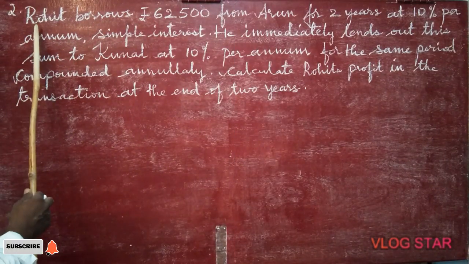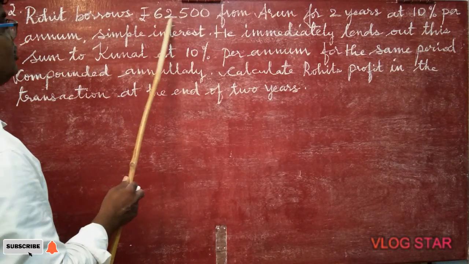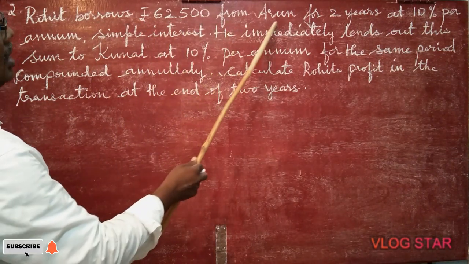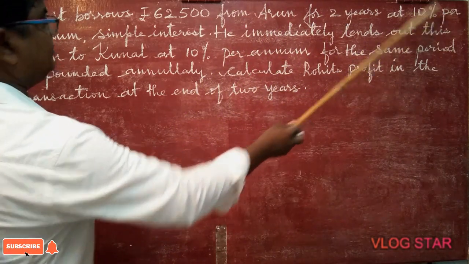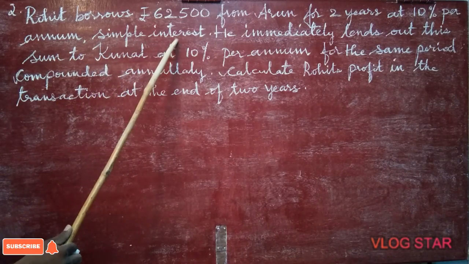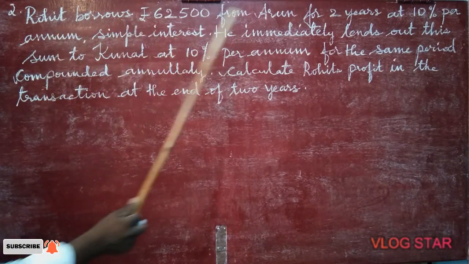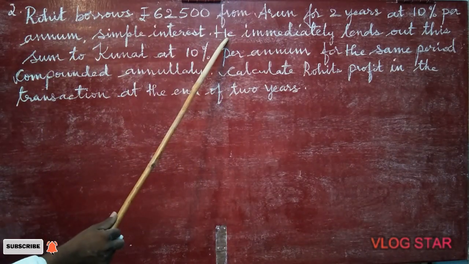Second problem. Rohit borrows rupees 62,500 from Arun for 2 years at 10% per annum for simple interest. But now what is he doing?